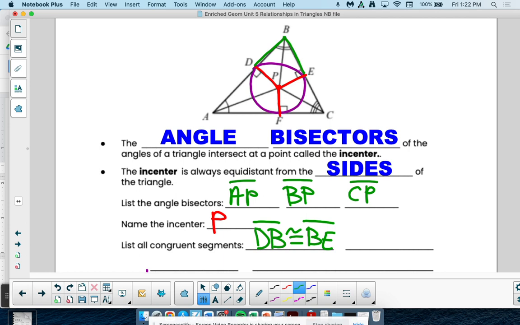We'll just kind of work our way around it. EC would match. So close. FC, there we go.